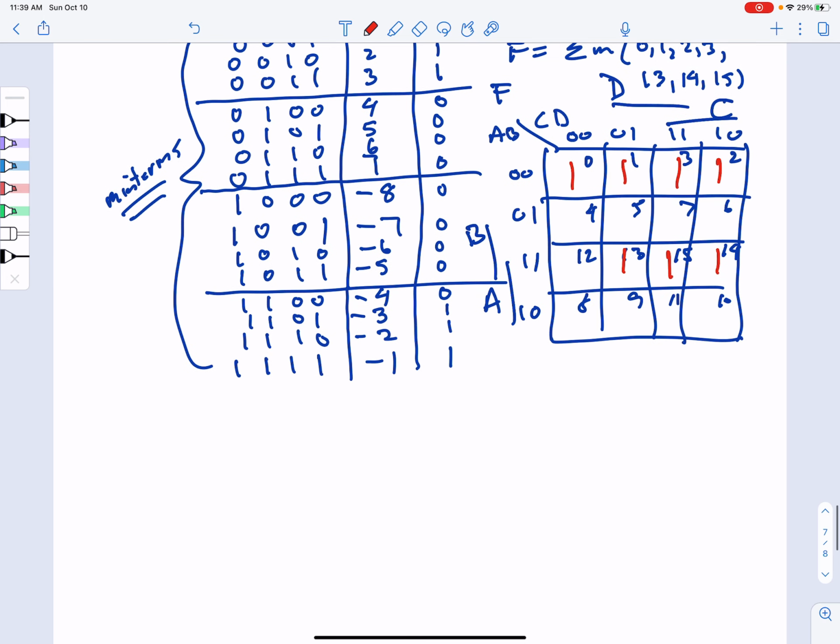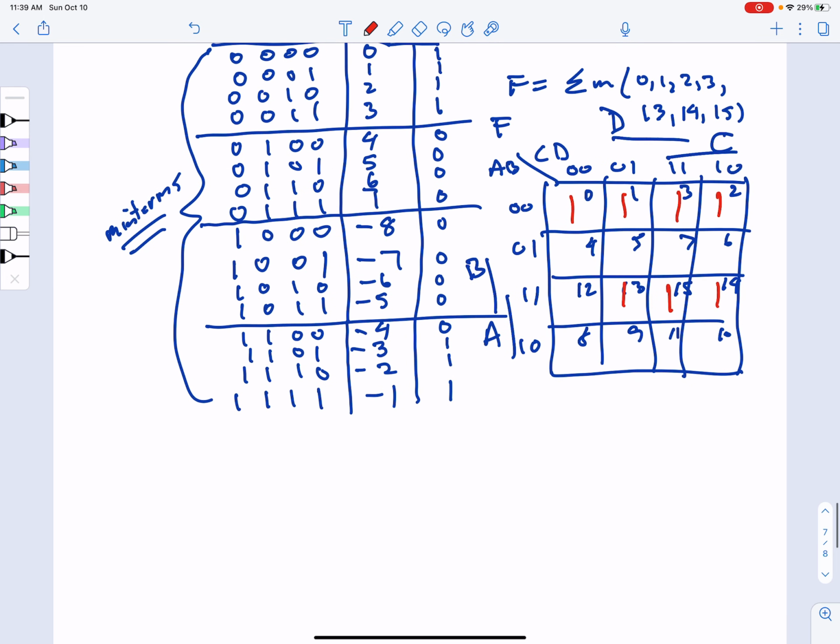From there, you can do SOP or POS. Let's take a look at SOP. I'm trying to cover, for example, this 13, and I can get that with a group of 2 here.